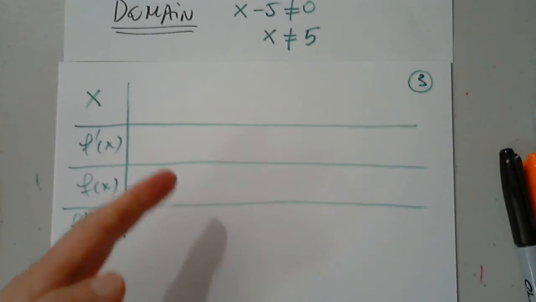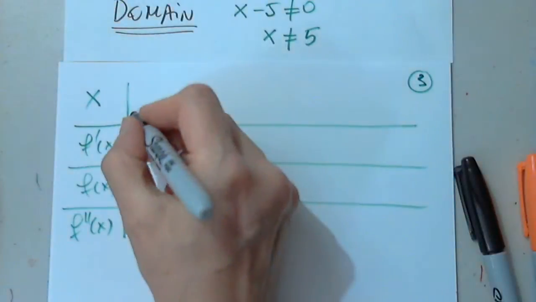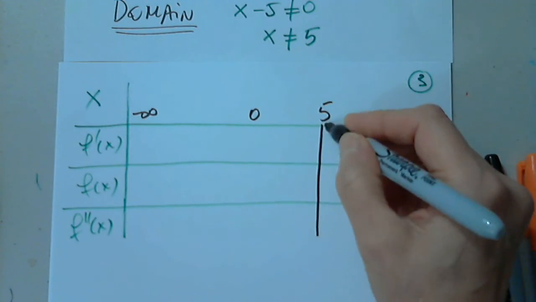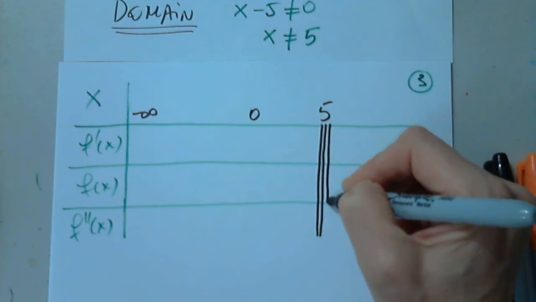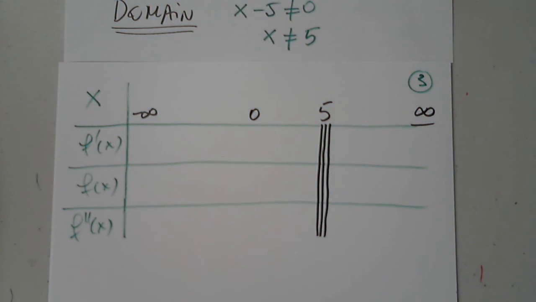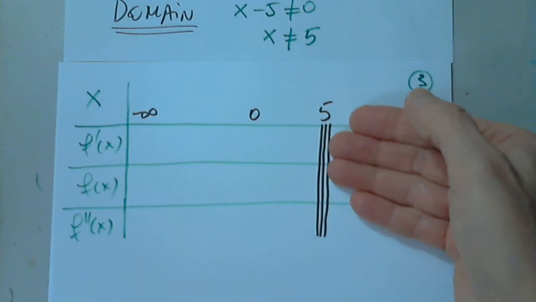Good. This is the first thing you told me to put in. It's very clear. I don't have to write the domain in any other way. What is the domain? Everything except 5.